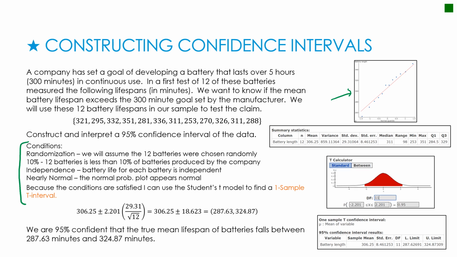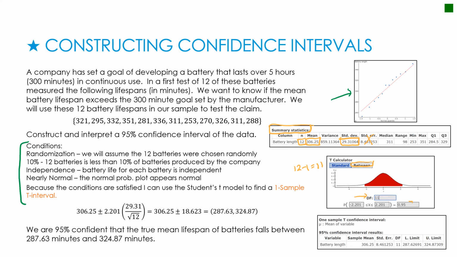Then I had to go about finding the values that I will use. So I did my summary statistics, again that's in Statcrunch, to find my mean. Obviously I'm going to use n, and I'm going to use the standard deviation. Don't cheat and go straight to standard error, you don't get all the points. And I also had to go into my T calculator and use 11 degrees of freedom because I had 12 items, and 12 minus 1 is 11.